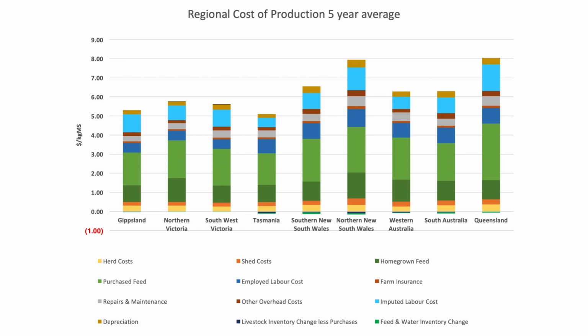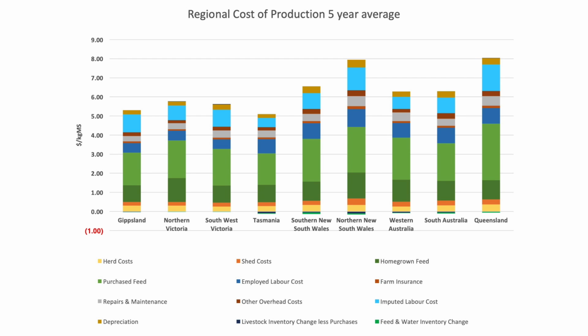Kerry spoke earlier just quickly about cost of production across Australia. Now this is average data across a 5-year period. This is not just for last year. So this shows us that these are our lower cost of production regions, Victoria and Tassie.